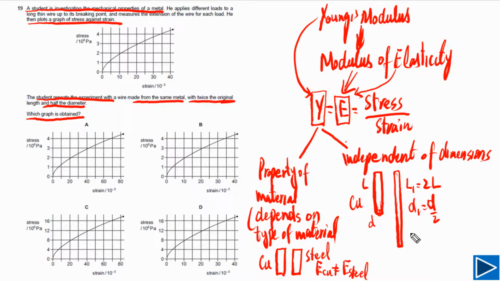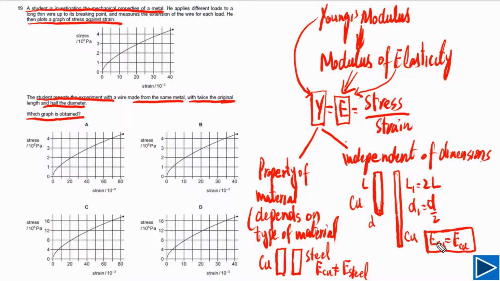Now these two wires are made of the same material. Even though their dimensions are different, Young's modulus for these two wires is the same because they are made of the same material. So it simply means that Young's modulus does not depend on dimensions. So it is a property of material.